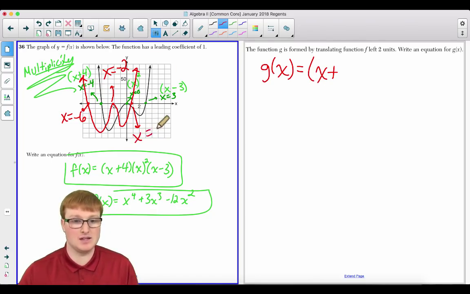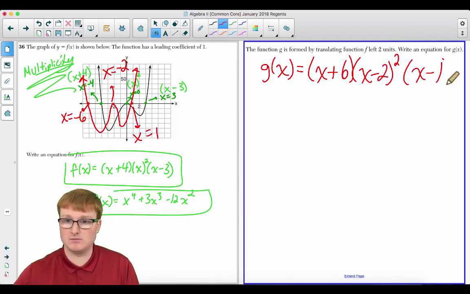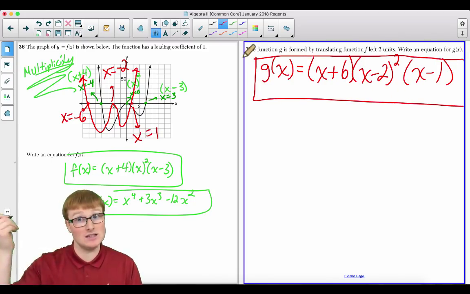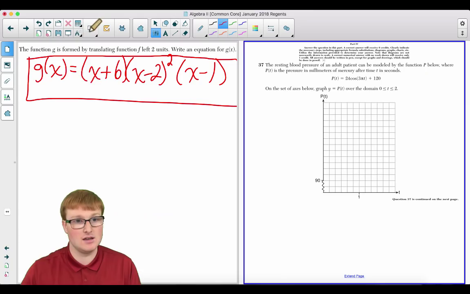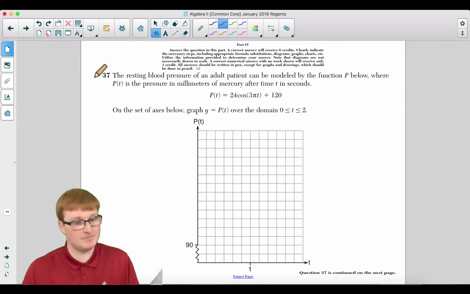That's going to be x is equal to positive 1. So your function, g of x, is going to be x plus 6, times x minus 2 quantity squared, and this is just going to be x minus 1. Ladies and gentlemen, that is your g of x. Done. Nice.